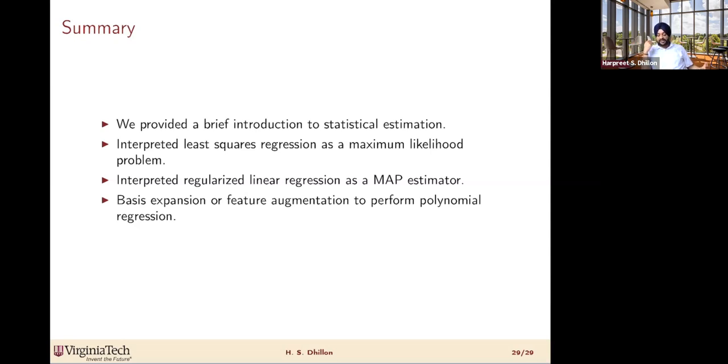We then also interpreted regularized linear regression as a MAP estimator. We also very quickly looked at polynomial regression, where the idea was to convey that linear regression may not be as simple as it first seems. You can apply that idea also for polynomial regression.